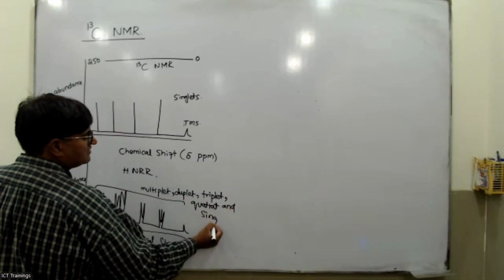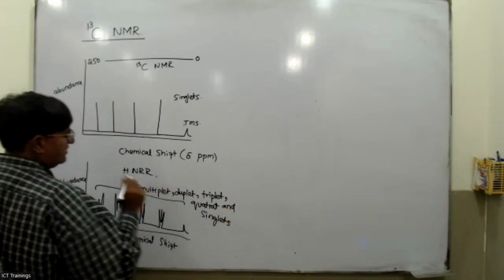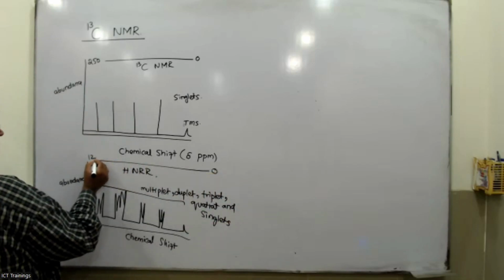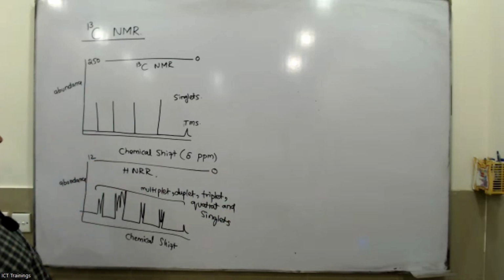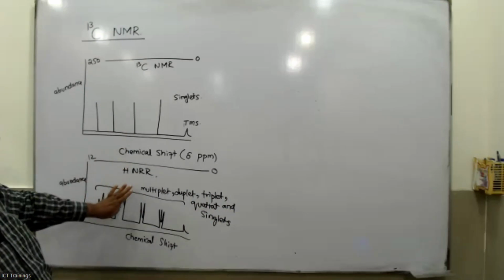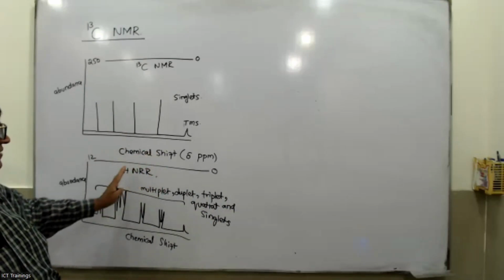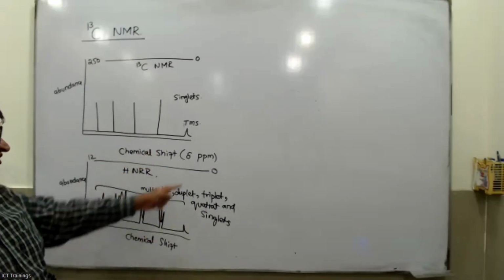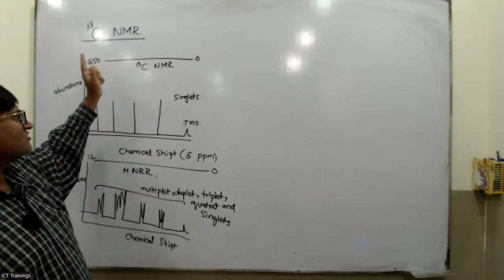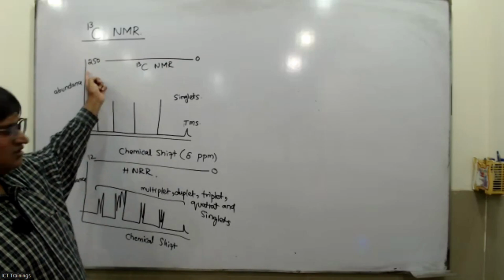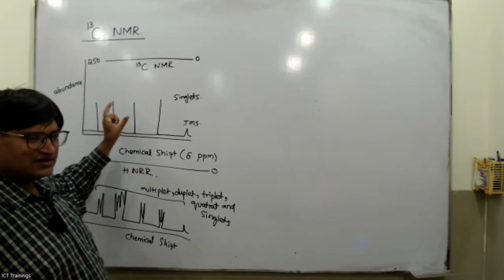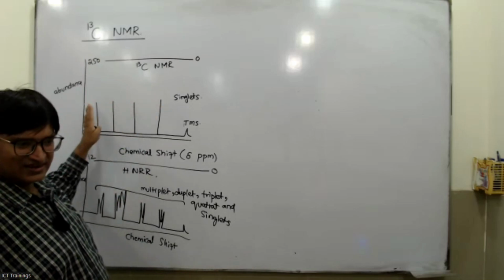All these peaks are present up here, and this is going to have a range of 0 to 12 ppm. So this is the main difference between carbon 13 NMR and hydrogen NMR. Hydrogen NMR has got a range of chemical shift from 0 to 12, whereas carbon 13 has got the range of 0 to 250. The second thing, in the carbon 13 NMR, you only got the singlets.